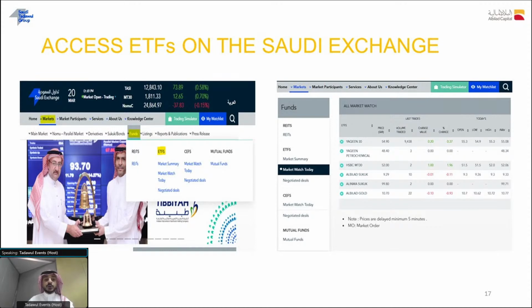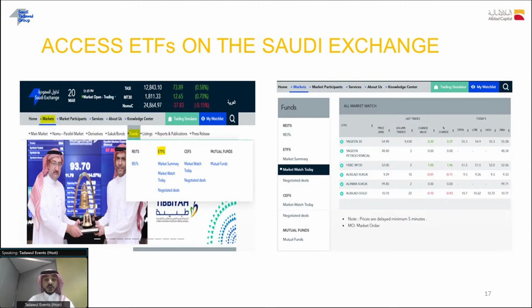So they would give you exposure to some of the largest companies in the kingdom. There is also a Yaqeen petrochemical ETF that is focused on petrochemical companies and will give you exposure only to the petrochemical sector rather than buying all those securities by yourself. There are also Al Bilad and Al Sukuk ETFs. Those ETFs invest in Saudi government listed Sukuk securities and give periodical distributions from the returns of those government Sukuks.